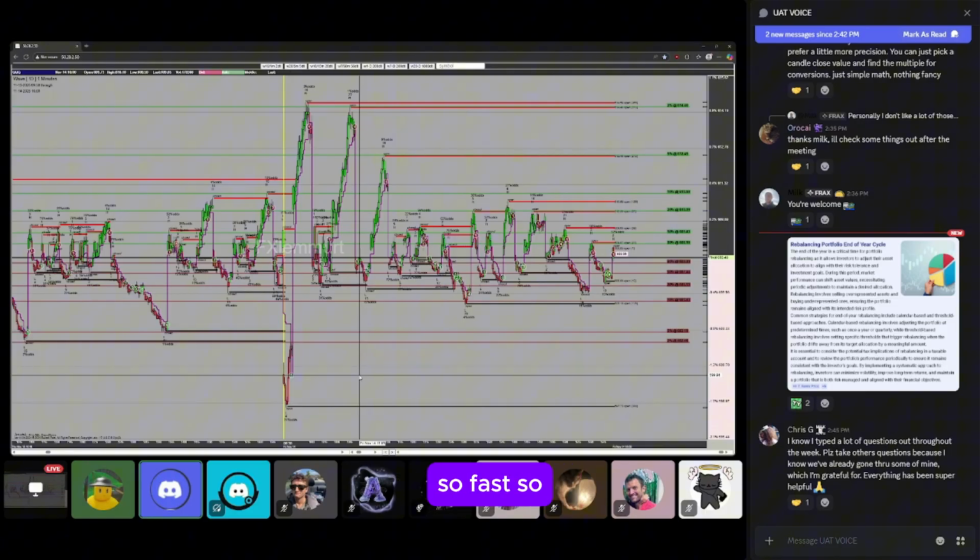It's just so fast. So in the back end, there's an interval at which it pumps the data out to the front end. So this can manage it. Otherwise, it would not work right.